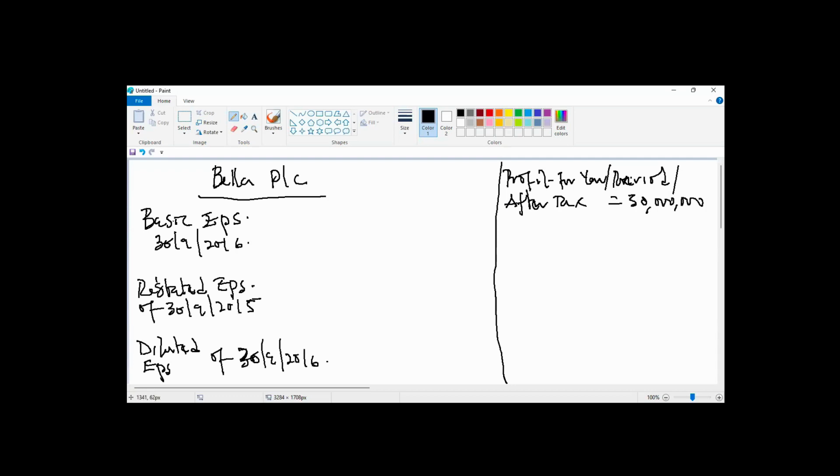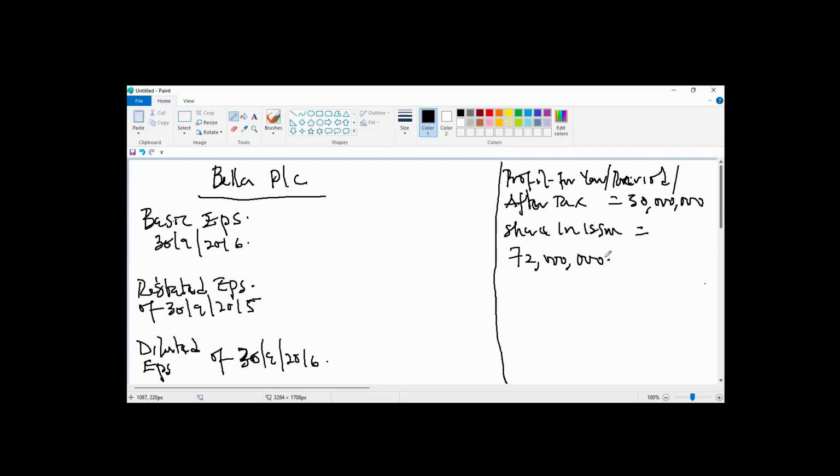Now, on 1st October 2015, the company had in issue 72 million equity shares. Shares in issue, opening balance, which is 72.